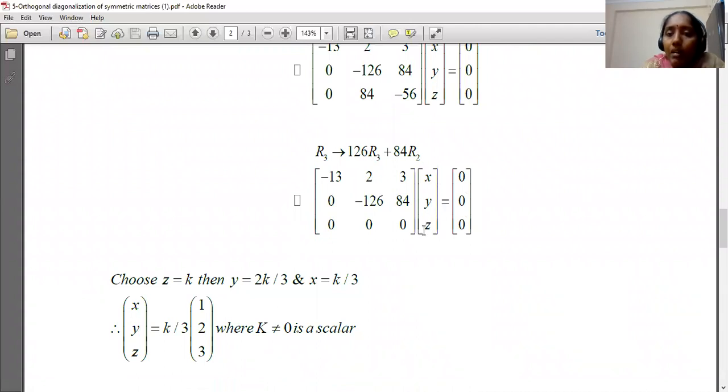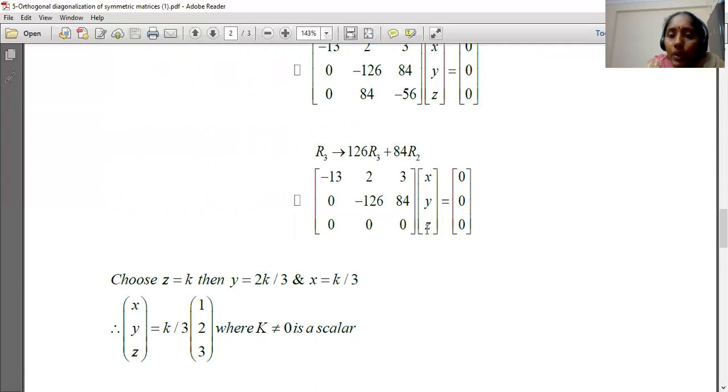That means the number of linearly independent solutions is 1, so there exists only one arbitrary constant. Here I am considering z equal to k. Then y becomes, from this equation, minus 126y plus 84z equal to 0.